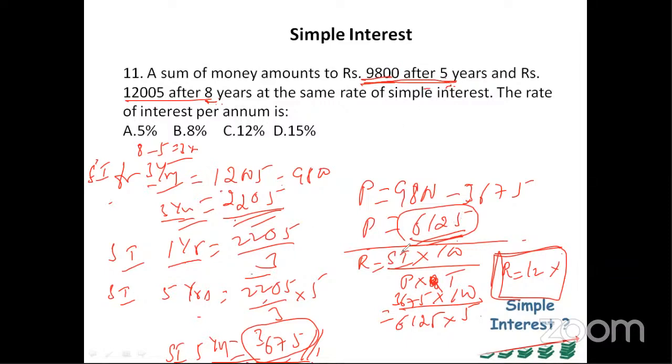Then we did the subtraction, total amount minus simple interest, which is the principal. So we got the principal amount. Then we substituted this principal amount and this simple interest in the formula, and we get the rate of interest.